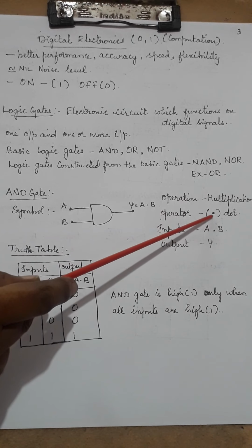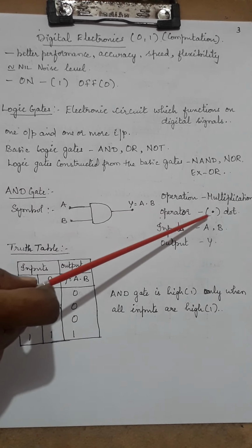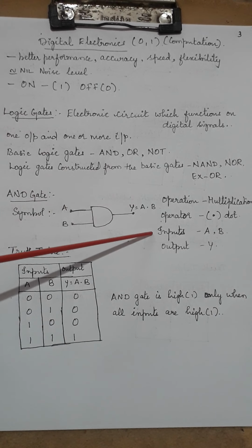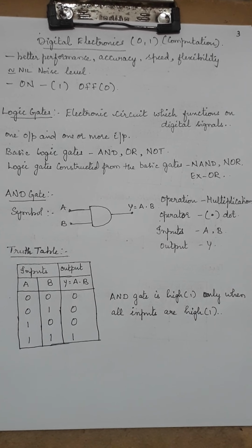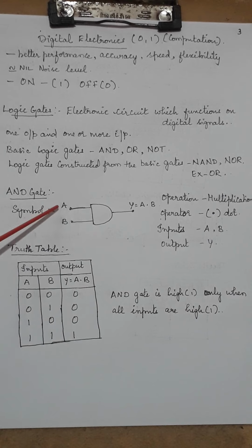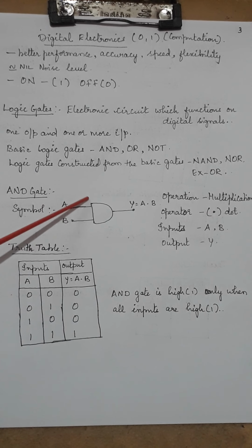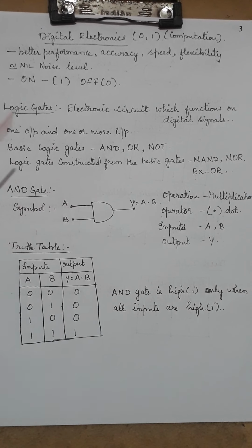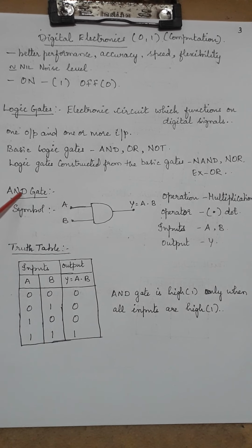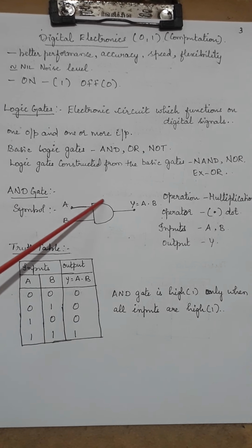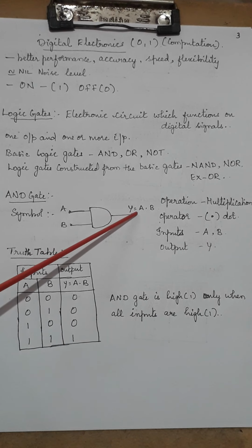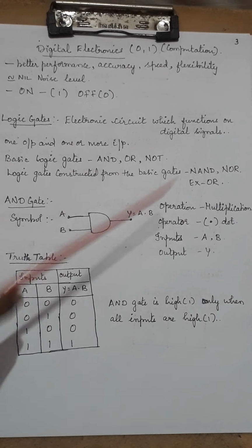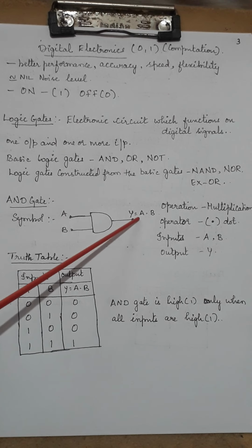Operator is nothing but a dot. It is represented as a dot, and it consists of two inputs and one output. So this is the symbol: A and B are the inputs, and you draw a line like this, and then how you remember this is, you draw like a D. You have an AND D, so you draw like a D and then take the output, where output is written as Y is equal to A dot B. So you are going to multiply here.